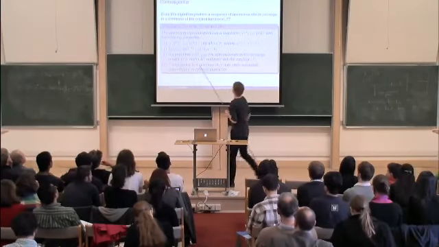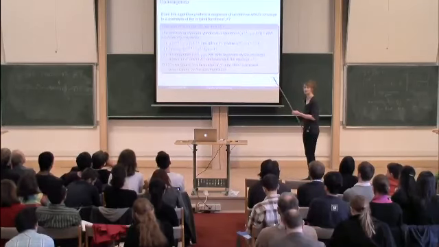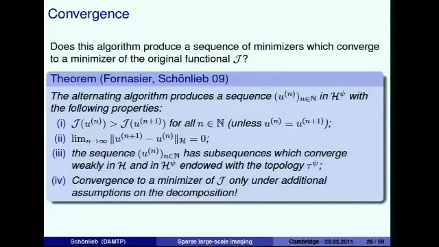All right. So what can we show about this? First of all, the sequence of minimizers that comes out of this alternating algorithm will produce a sequence under which the functional J is monotonically decreasing.